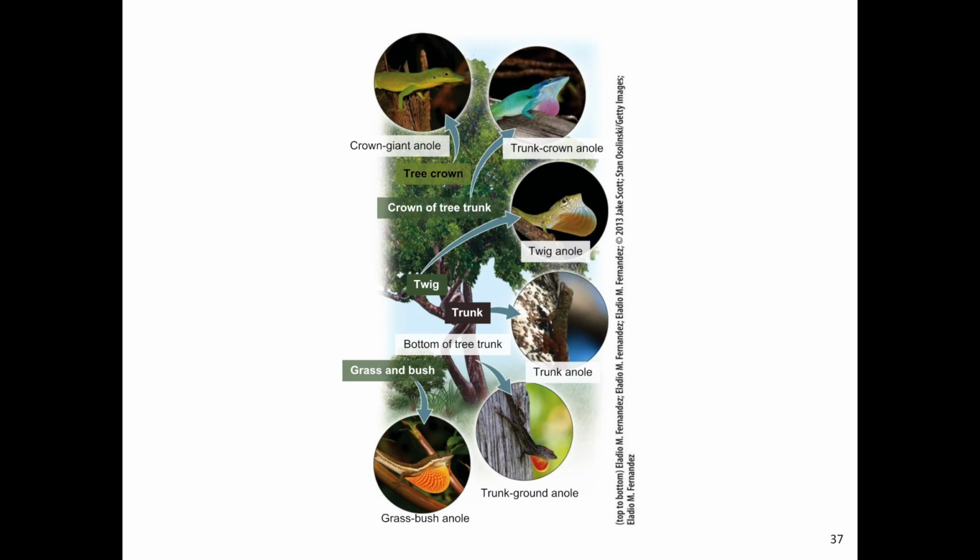So pre-colonization, the anoles, in terms of diversity, looked pretty similar, and then after colonization, there was an explosion because of the bottleneck of traits and different niches where the anoles could live and get resources.